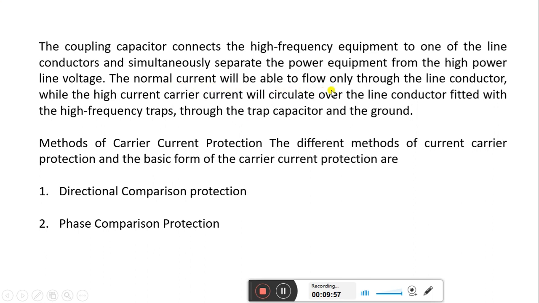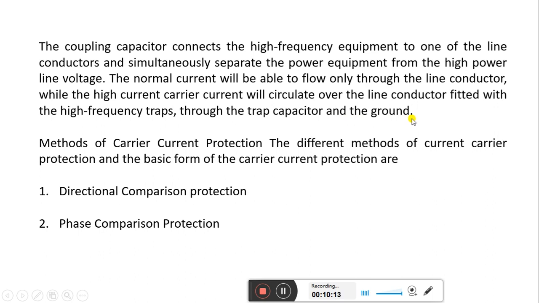Normal current will flow only through the line conductor, while the high frequency carrier current will circulate over the line conductor fitted with the high frequency traps, through the coupling capacitor and the ground.